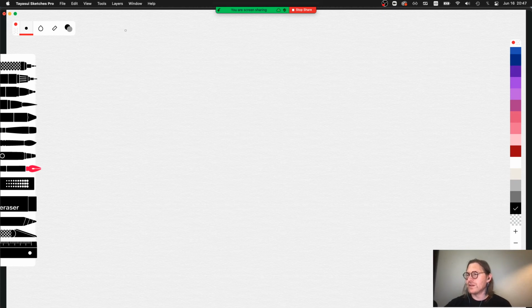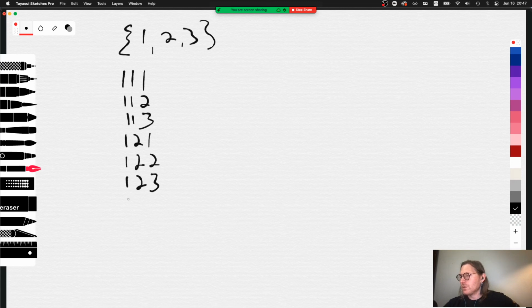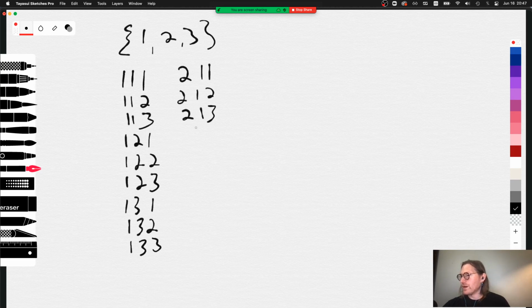We have these symbols 1, 2, and 3, right? We can start off thinking about this as a base 3 system, where we list every three-digit combination: 1, 1, 1, 1, 1, 2, 1, 1, 3, and so on, through 3, 3, 3.